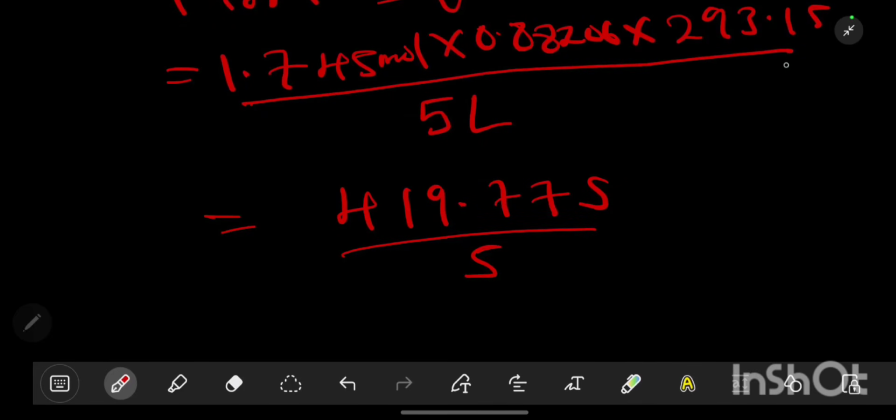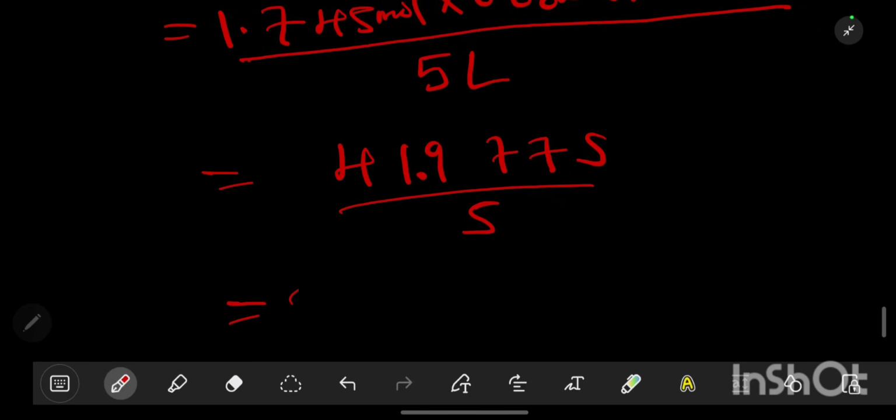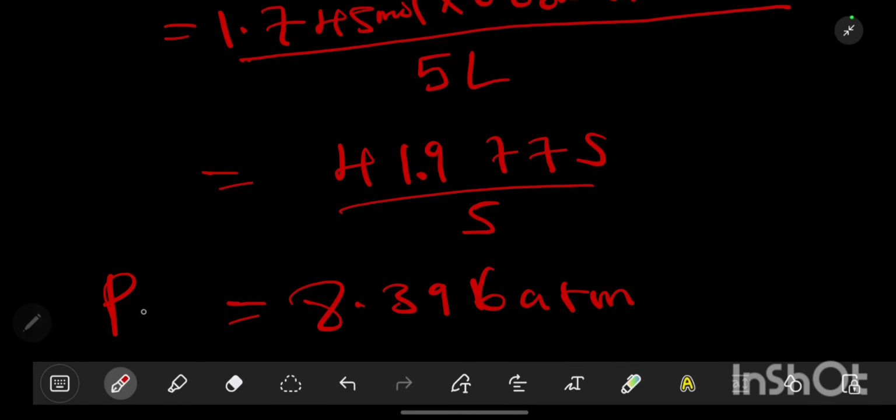Sorry for that, the decimal point is supposed to be here. Correct multiplication is cardinal. We divide by 5. This is going to give us 8.395 atm. So this is the total pressure of the mixture.